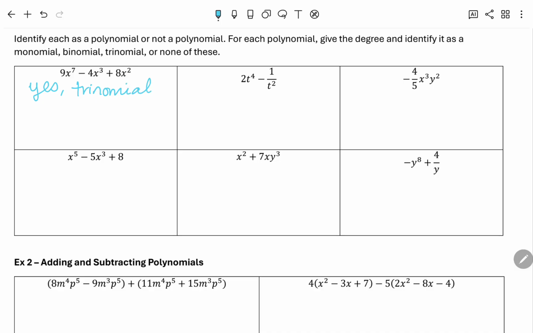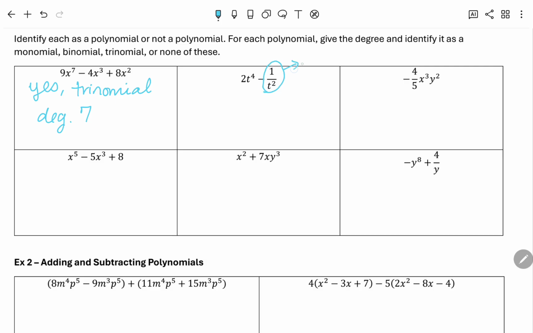And it wanted to know the degree of the polynomial, so I'm looking at the degree of each term. And the largest term has a degree of 7. So it's a trinomial with degree 7. The next one, I'm looking, and notice this. We've talked about this in a previous lesson, right?